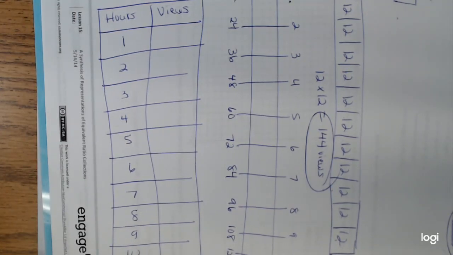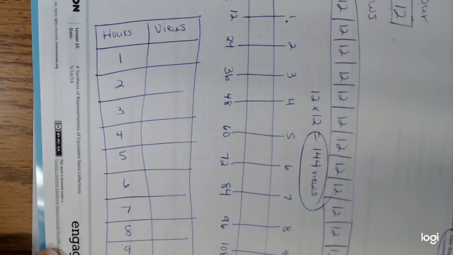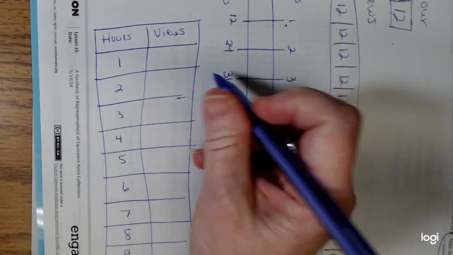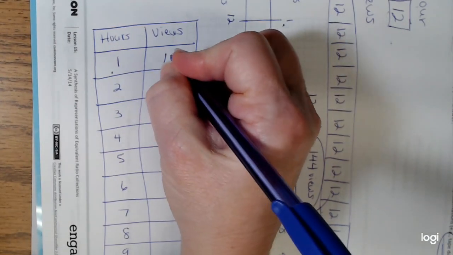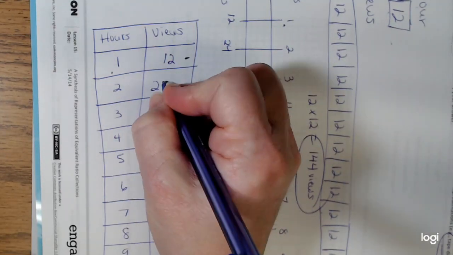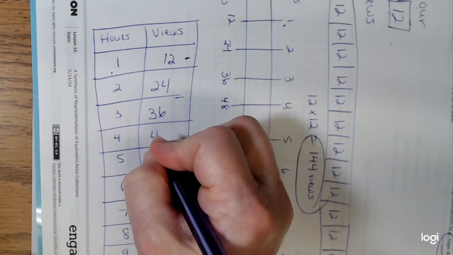Okay, so big table. And once again, we're going to count by 12s. Boy, we're going to know our 12s by the end of this. In 1 hour, we had 12 views. 2 hours, 24. 3 hours, 36.